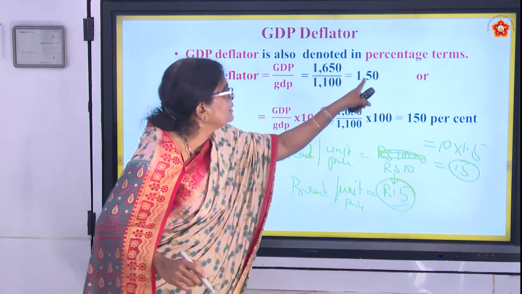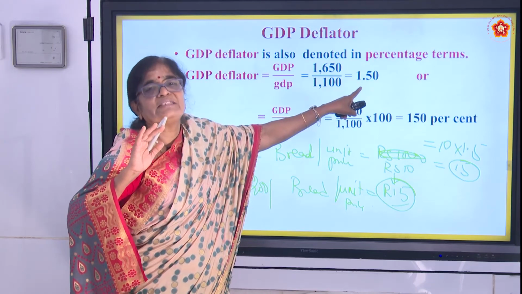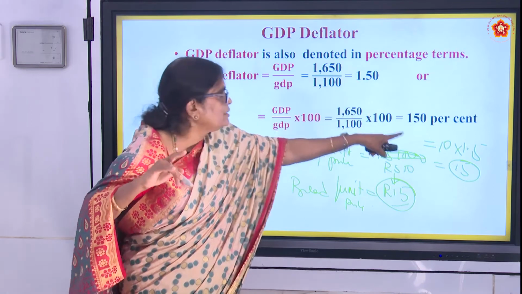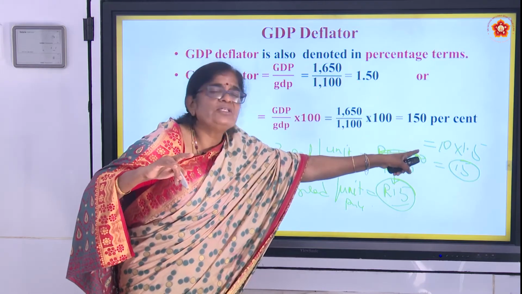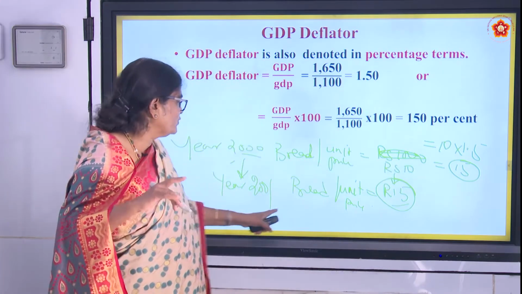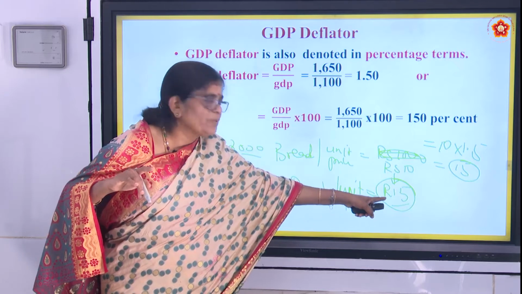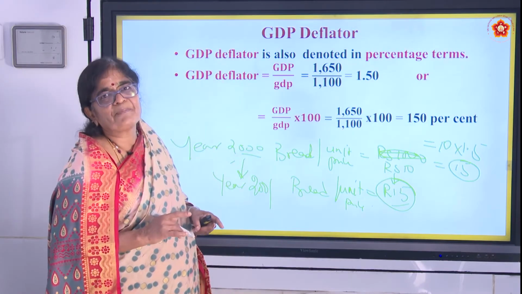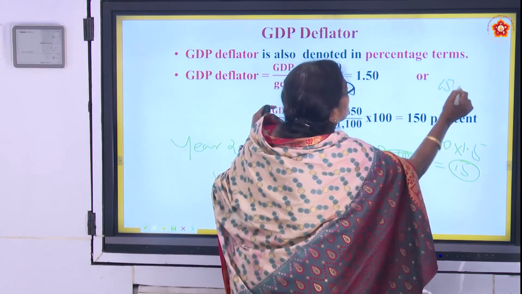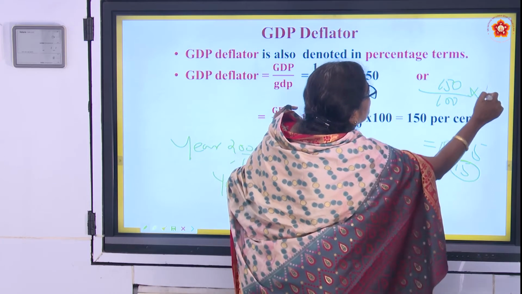The base year price has increased by 1.5 times: 1.5 times the initial price of 10 is rupees 15. Therefore, we can prove that the bread price per unit in 2001 is rupees 15. Or you can say 150%. What is that 150%? We can write 150 divided by 100 into the initial price 10.